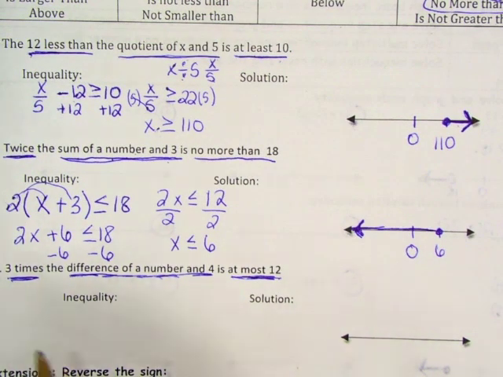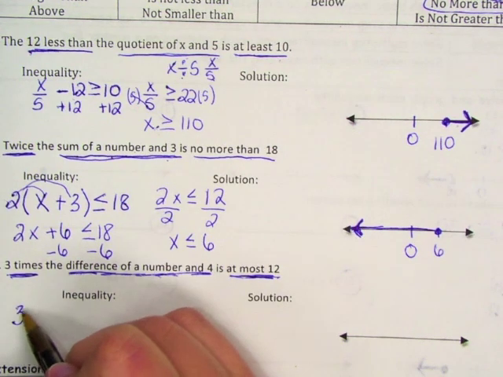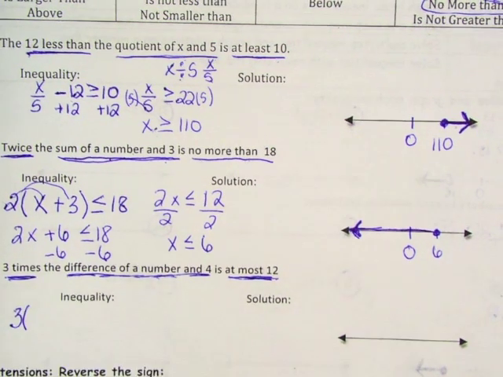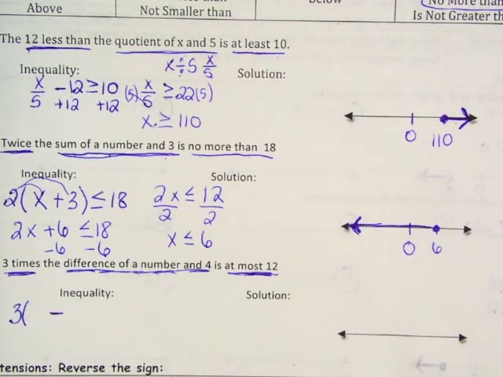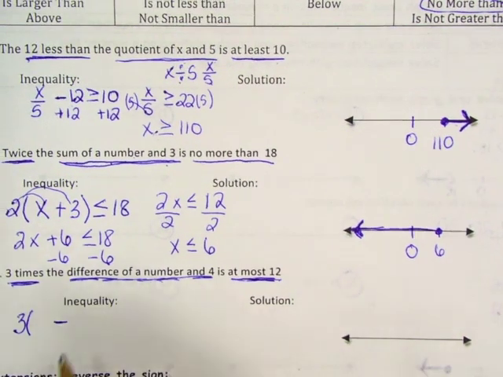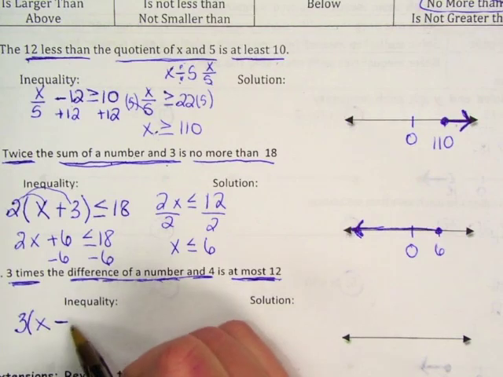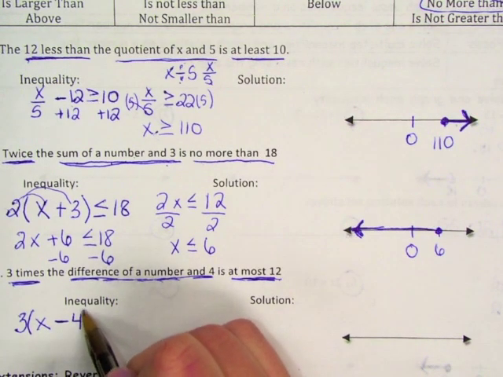Well, I have 3 times. So again, 3 times, multiplication. Now it's saying the difference of a number and 4. Difference means subtraction. And then it says a number. Well, I don't know what that number is, so I'm going to put x. But I do know it says the difference of a number and 4.